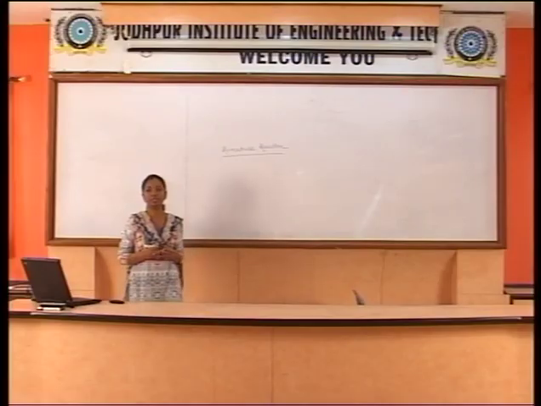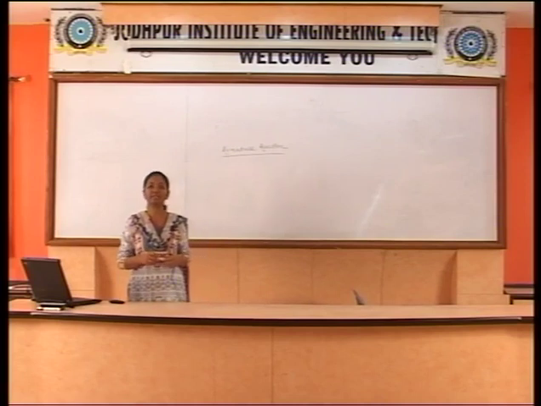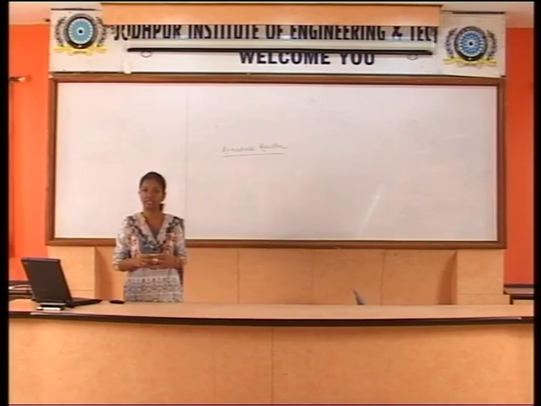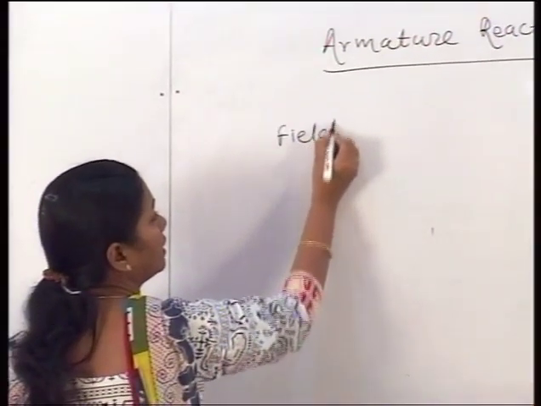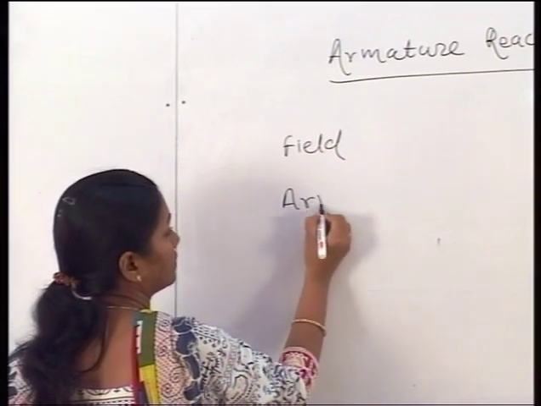As you know, the DC machine is a doubly excited machine. The machine has mainly two parts, one is field, another is armature.